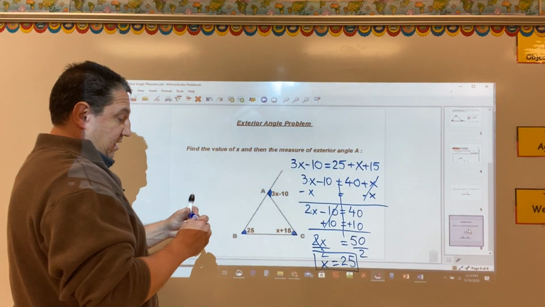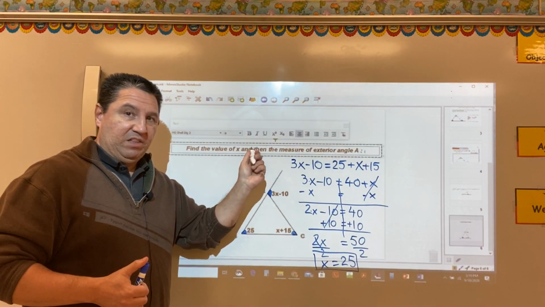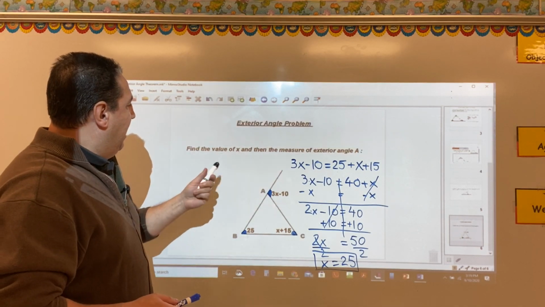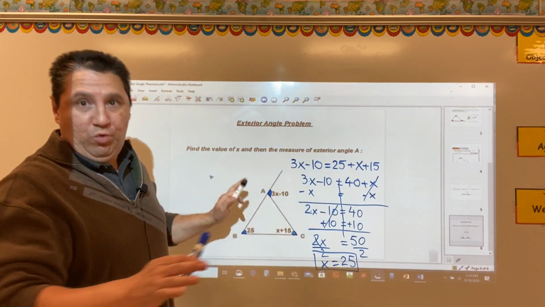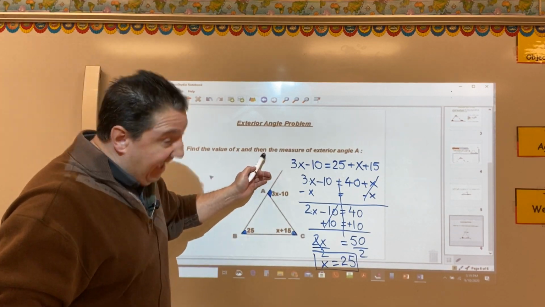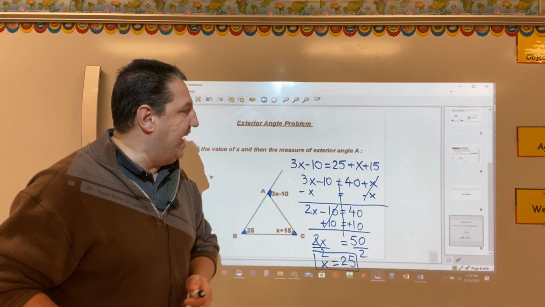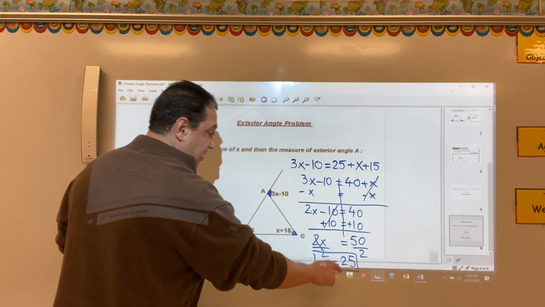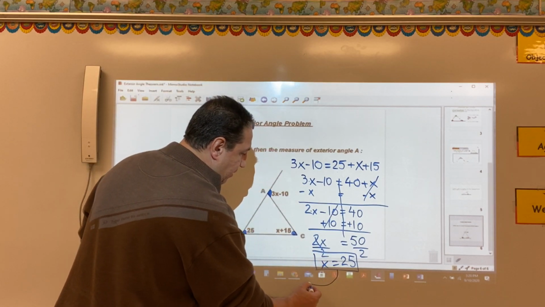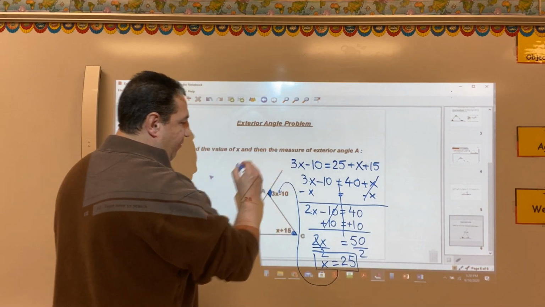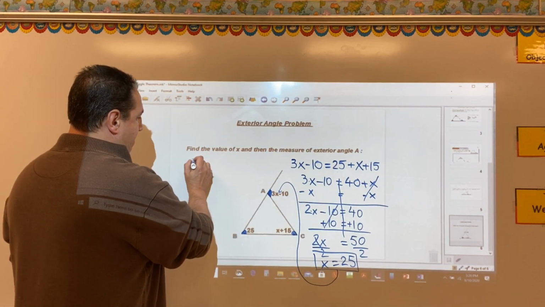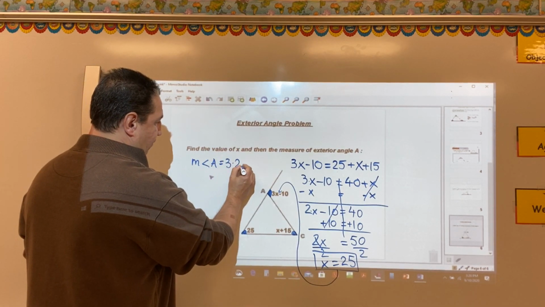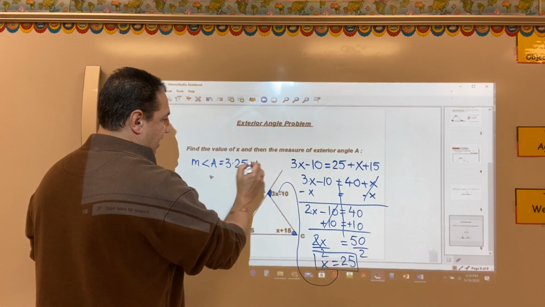Now, remember, we go back to our statement. What does it say here? Find the value of x. So we already found x, and then the measure of exterior angle A. So that's the exterior angle. We simply plug in the value of x. So you're going to have measure of angle A equals 3 times 25 minus 10.